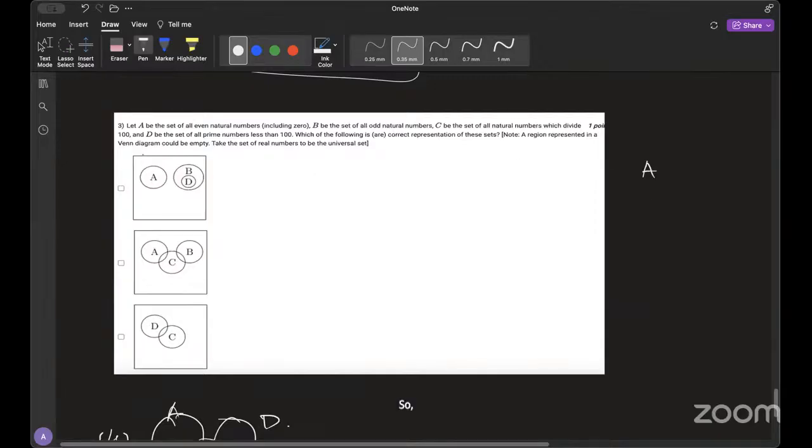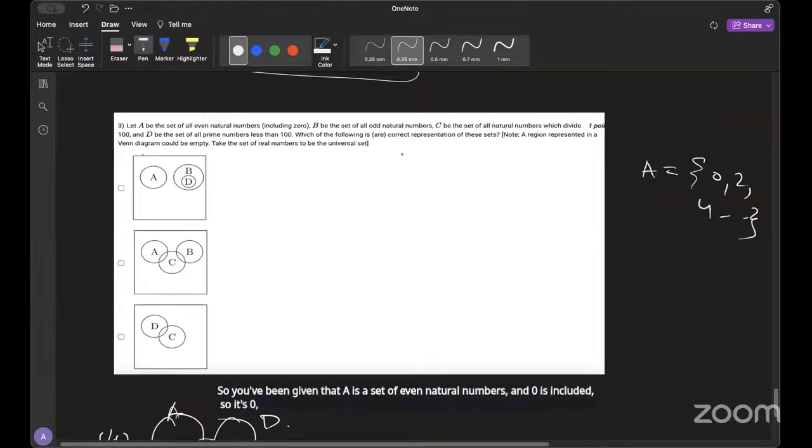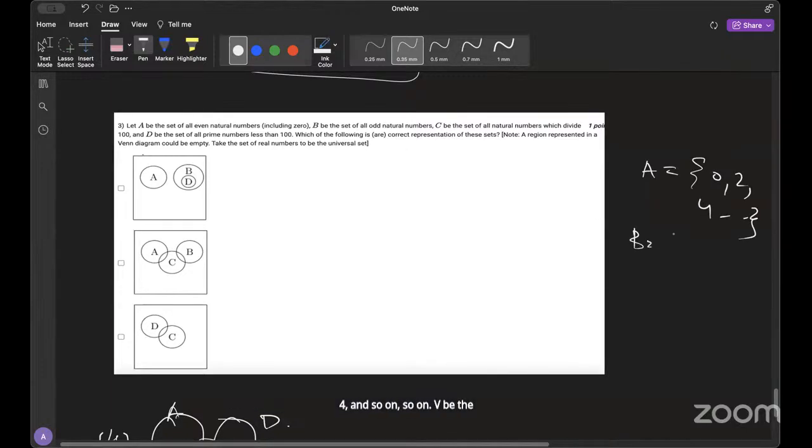So you've been given that A is a set of even natural numbers and 0 is included. So it's 0, 2, 4, and so on. B is the set of odd natural numbers. It's 1, 3. C is the set of all natural numbers which divide 100. So it's the divisors of 100.